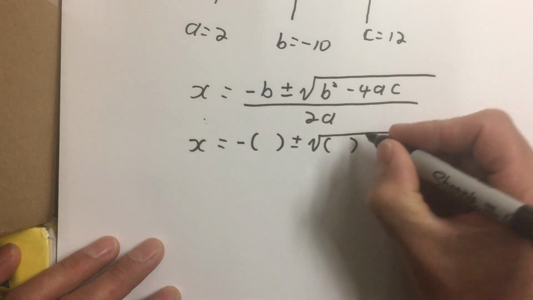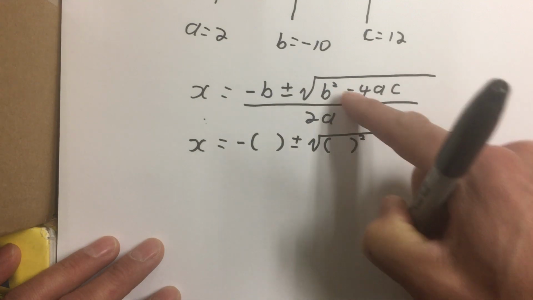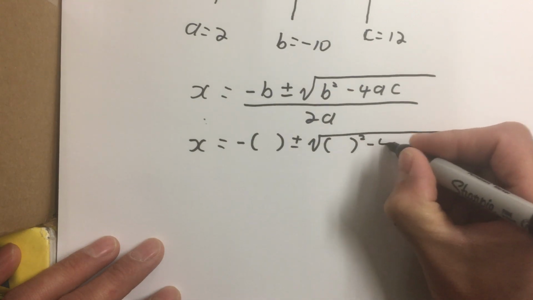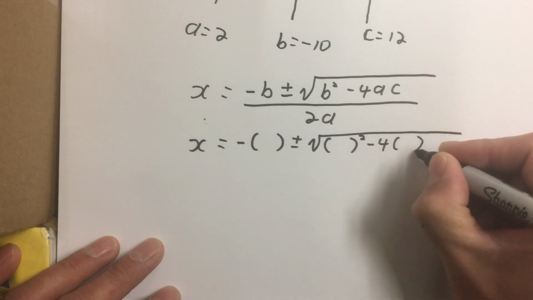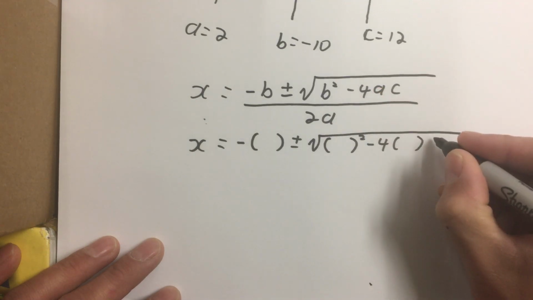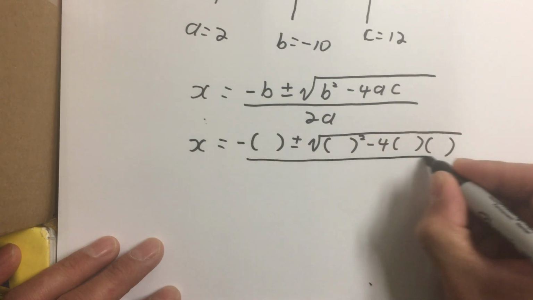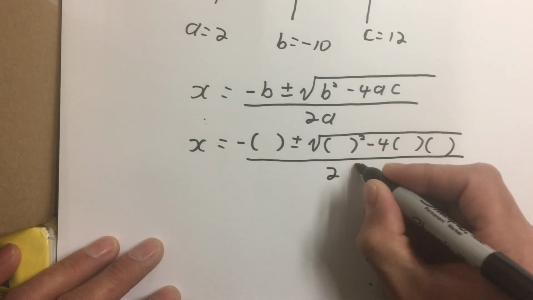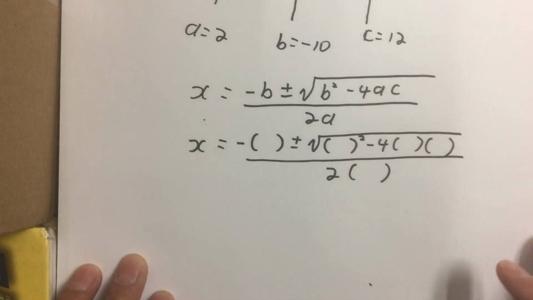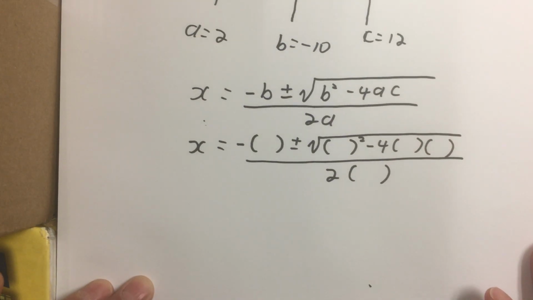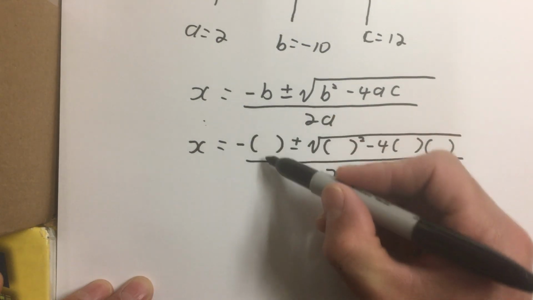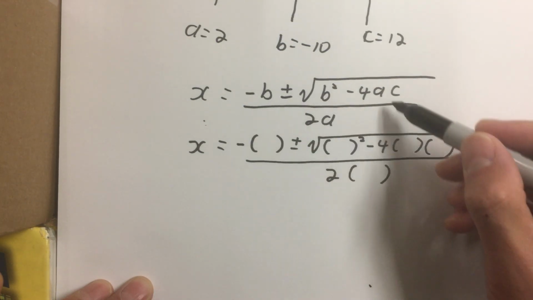This is that b. It's squared, because that's squared, minus 4, that'll be A, and that'll be C, all over 2A.